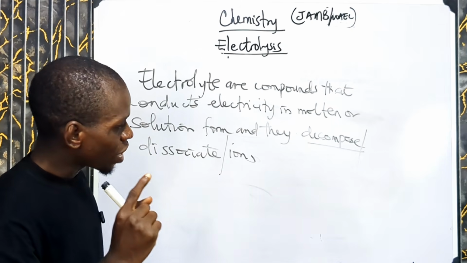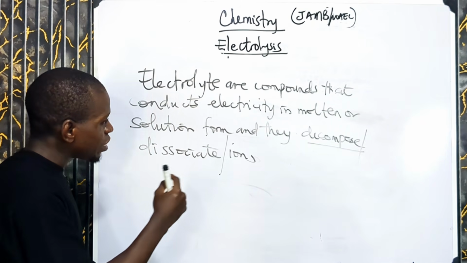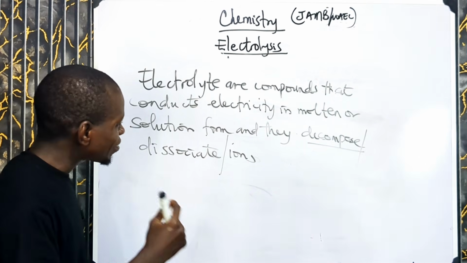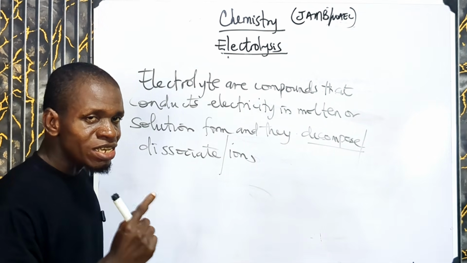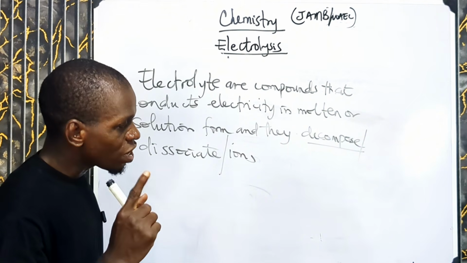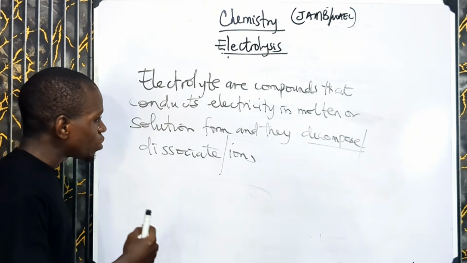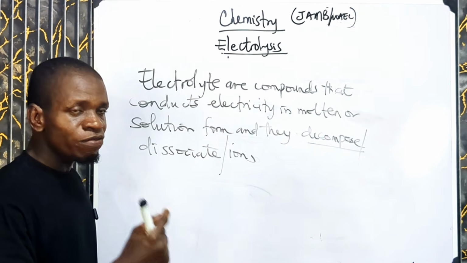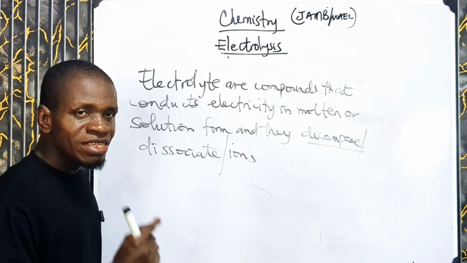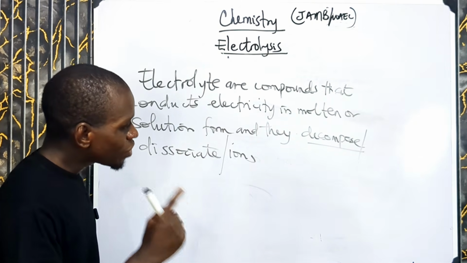Ions. Take note of what I'm saying. Conduction of electricity of an electrolyte in molten state is by means of ions. How about conduction of electricity of an electrolyte in solution form? It is by means of hydrated ions. Take note of that.